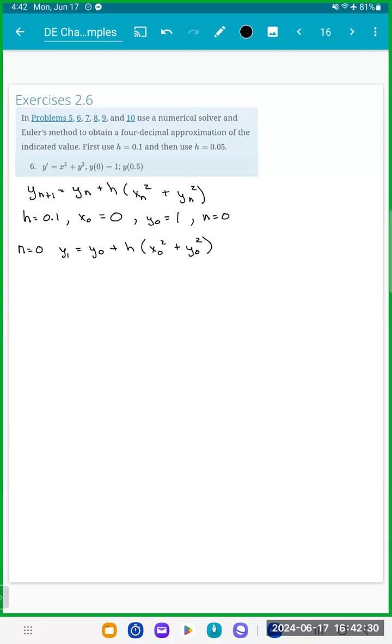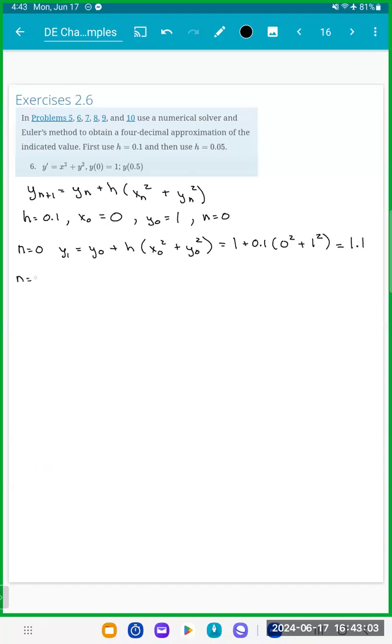Now let's plug in the values that we know. y naught is 1, h is 0.1, x naught is 0, so 0 squared, plus our y naught, which is 1 squared. That's going to simplify to 1.1. And I'm going to need that for the next level, right?